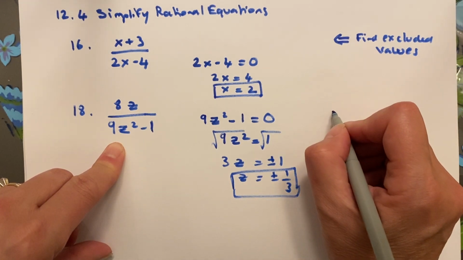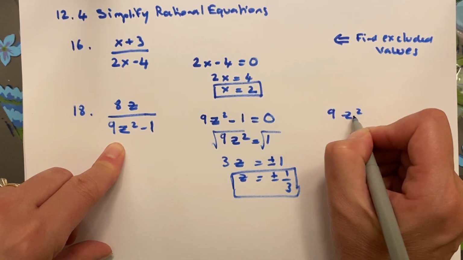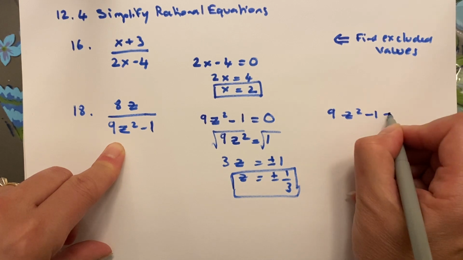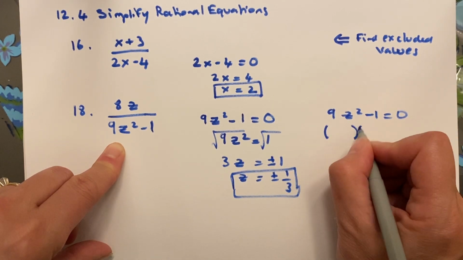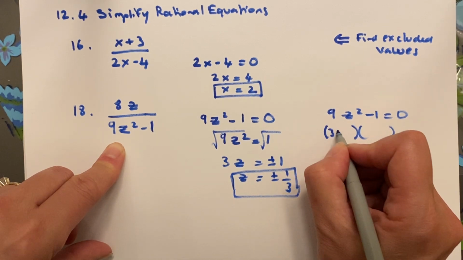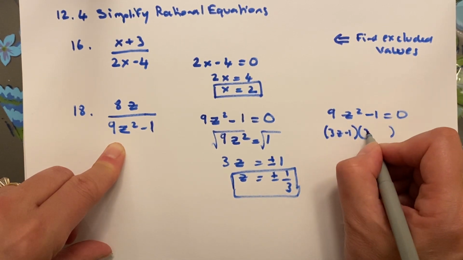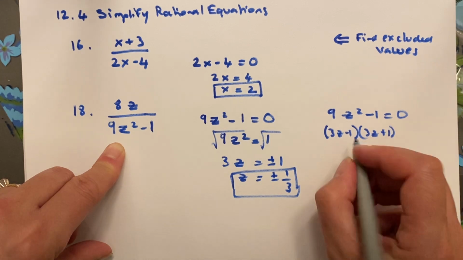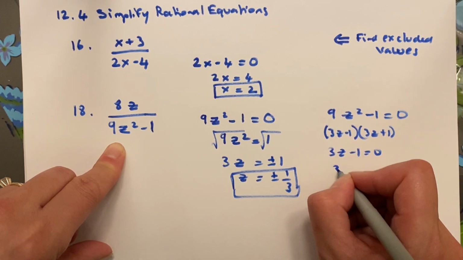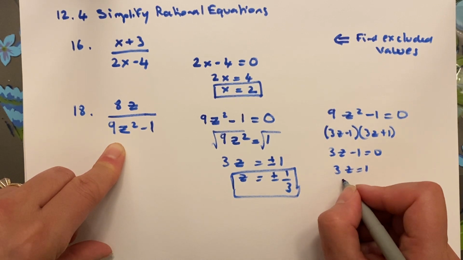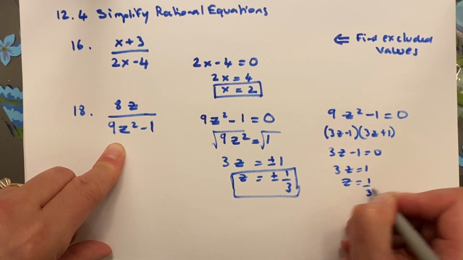Or you could do it using factoring. 9z squared minus 1 equals 0. And this is a difference of two squares. So 3z minus 1, 3z plus 1. So 3z minus 1 equals 0, 3z equals 1, z equals 1/3.